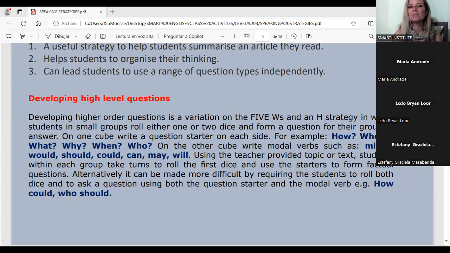And it's funnier if maybe you give them a worksheet. You can create it like a project. You can have these dice in your classroom and put the WH questions so that they can roll the die and use the modal verbs.